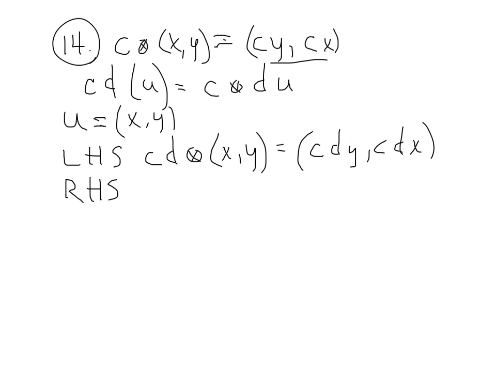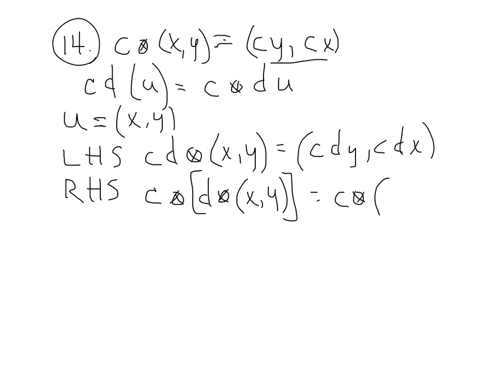Let's try our right-hand side. So this time it says we're going to take c times d after we've multiplied d times u, which is xy. All right? So d times xy, I still have my circle times, I'm not doing anything with c, times the ordered pair dy, dx, because remember we reversed the order.